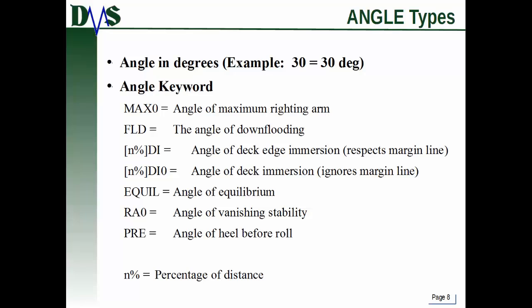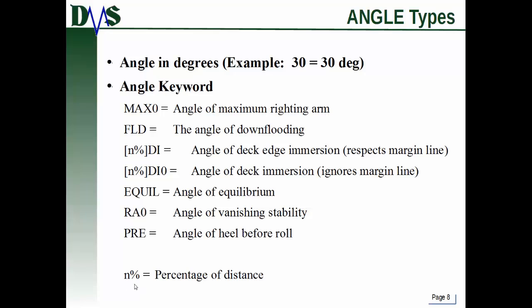Flood, FLD, that's going to be the angle of downflooding. DI is going to be the angle of the deck edge immersion. Now, by deck edge, what they actually mean is the angle of the margin line immersion. And you can even specify that as a percentage of distance.